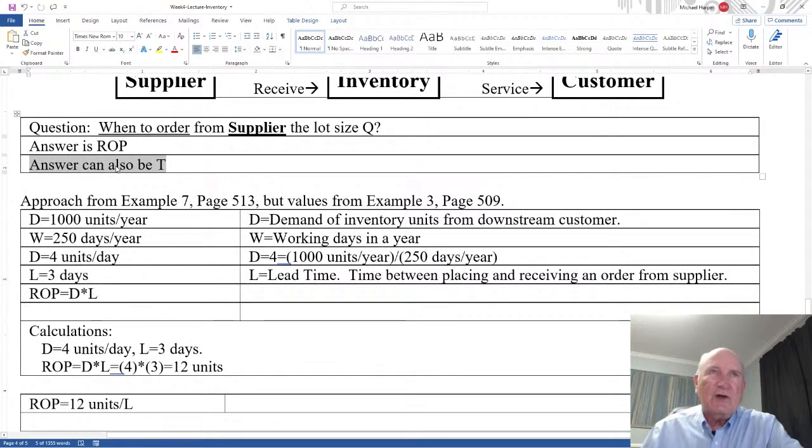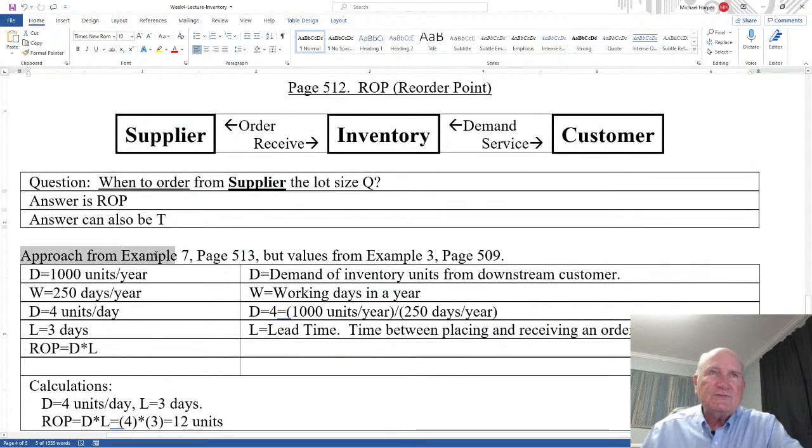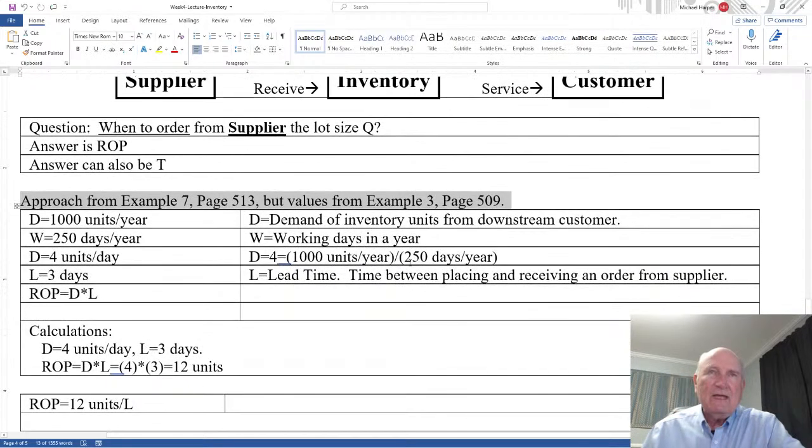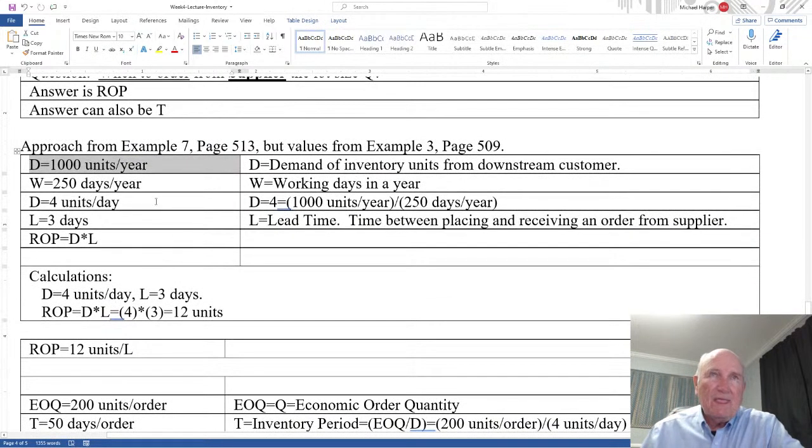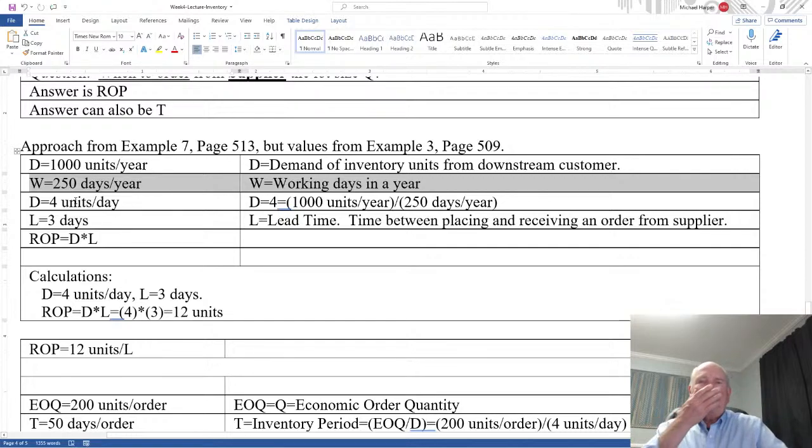The approach here for ROP is from example 7, page 513, but I don't use those numbers. I go back to the example 3 that we did above on page 509. I use those numbers. Here we go. The demand is 1,000 units per year, and we're assuming that the working days in a year is 250 days a year.